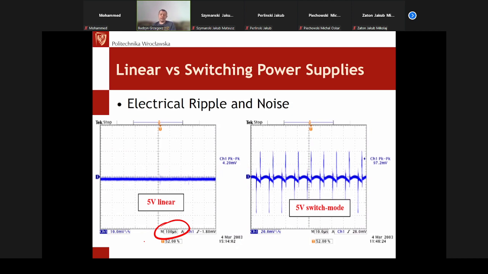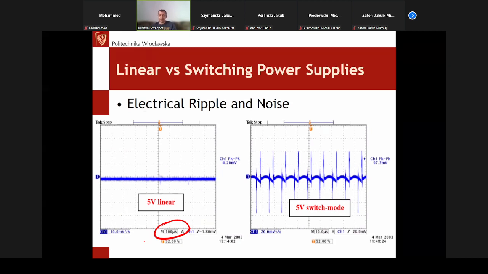Linears don't have the high frequency noise, but honestly, the low frequency, this 50, 100 hertz, especially if you intend building audio applications, is again an important disadvantage of the linear power supplies and linear regulators.